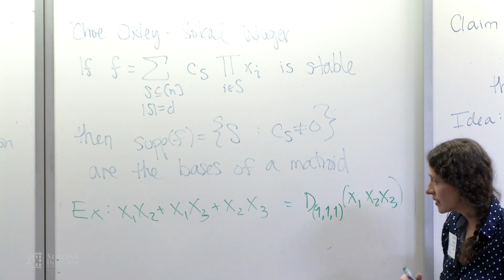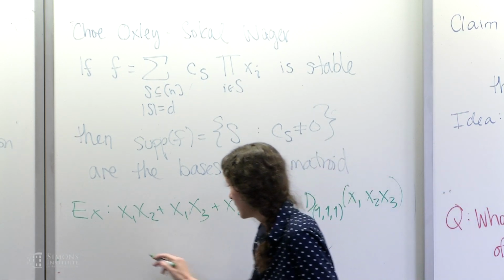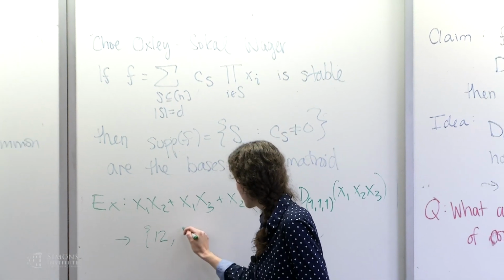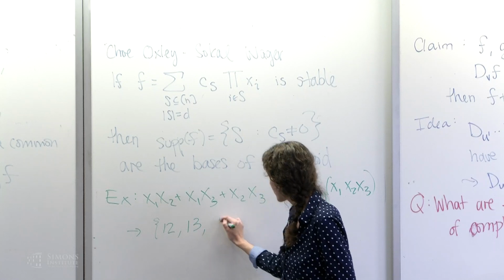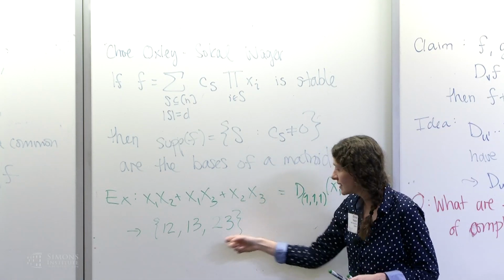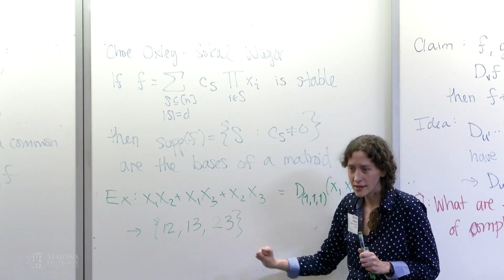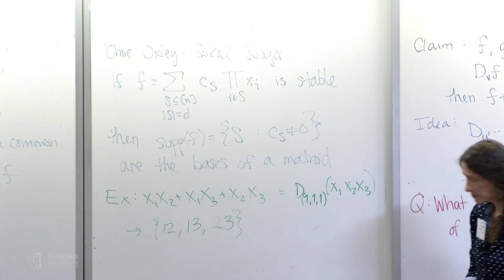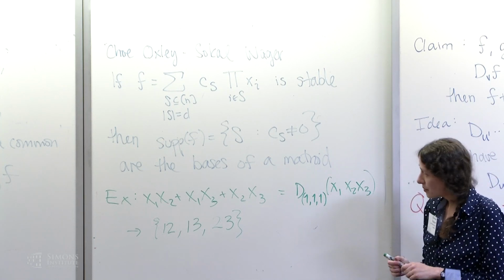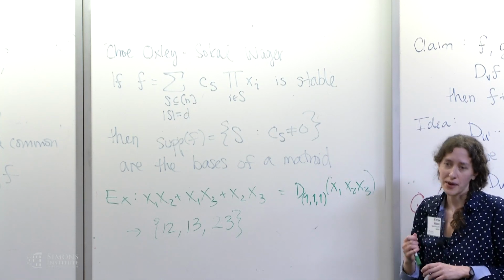Beautiful stable polynomial. And what I mean by support is I take, well, x1x2 shows up with non-zero coefficient, x1x3 shows up with non-zero coefficient, x2x3 shows up with non-zero coefficient, and the corresponding matroid is the uniform matroid of rank 2 on 3 elements. So there's also this sort of combinatorial structure showing up in stable polynomials, but not all matroids come this way.